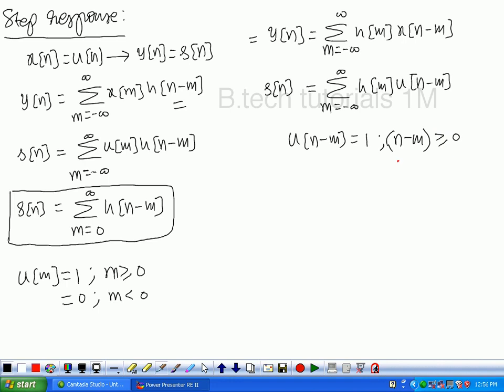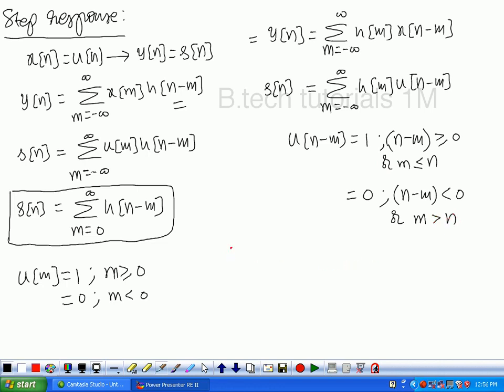Is it right? This can be written as n greater than or equal to m, or m less than or equal to n. And this will be 0 for n minus m less than 0, or m greater than n.